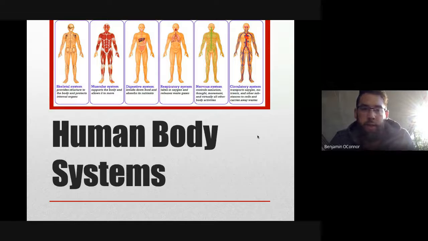And so first, let's define human anatomy, all right? And then more likely anatomy and physiology, all right? Anatomy is defined as the science that looks at the structure of the body, of organs, all right? That's looking at things under microscopes, looking at things in general, and noting the structure of things, all right?